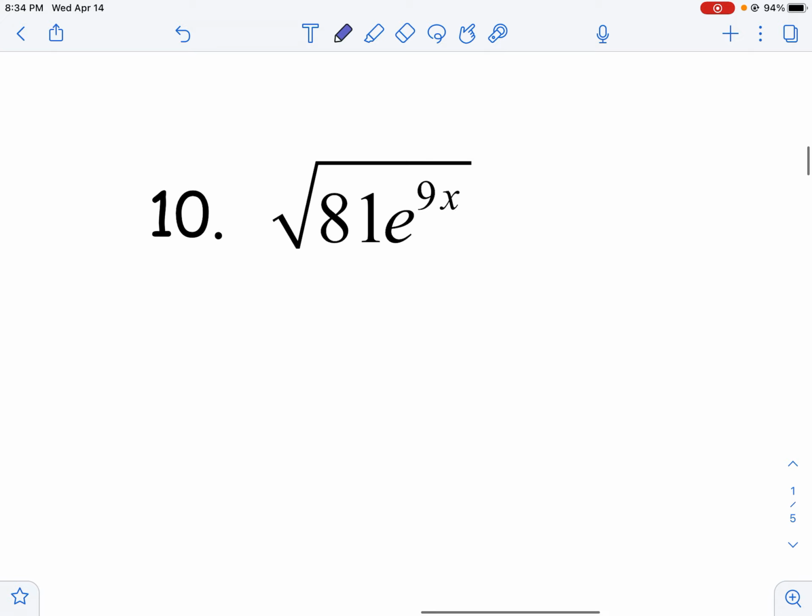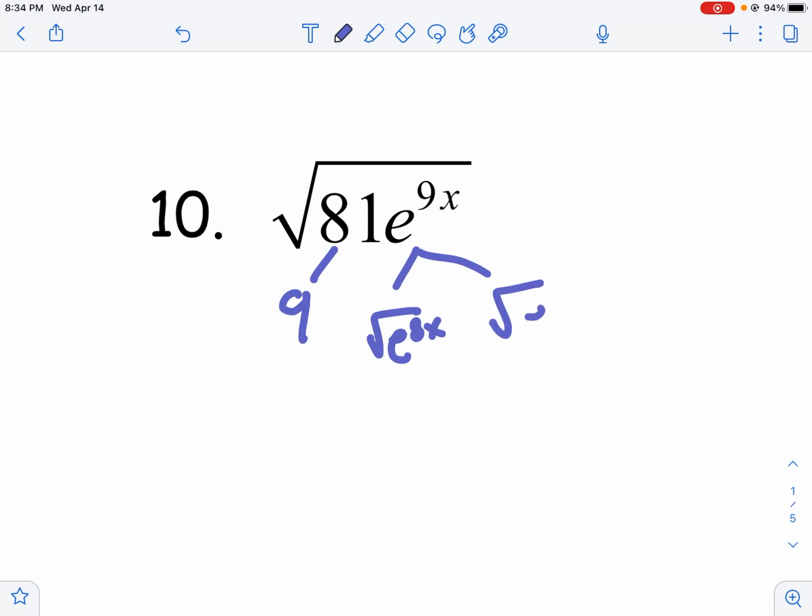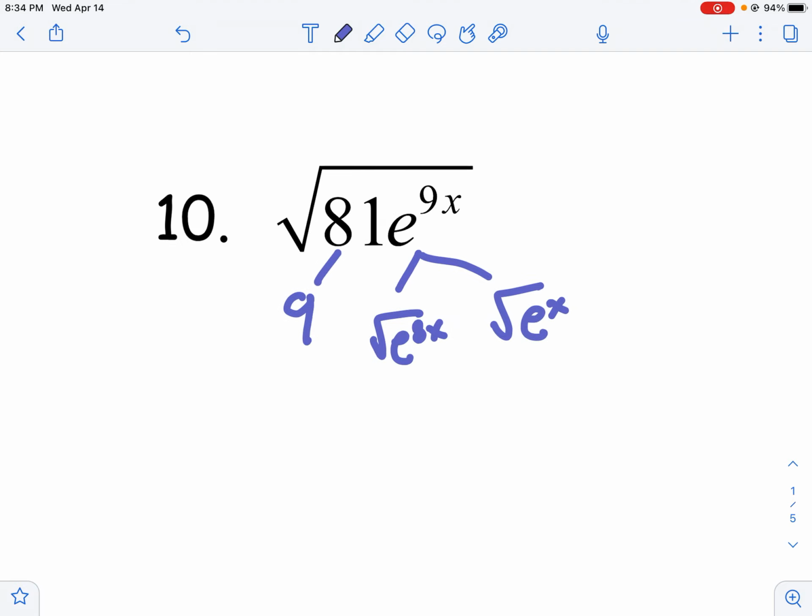And then number 10 here, we're in a square root, so we can only take out perfect squares from inside of here. 81 is a perfect square, so that we square root 81, we get 9. E to the 9x, we can't take 9x and divide it by 2 evenly, so we need to get a number that we can divide by 2 evenly. So that would be the square root of e to the 8x and the square root of e to the x.